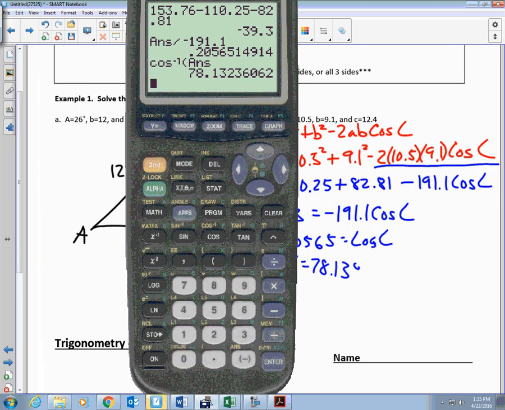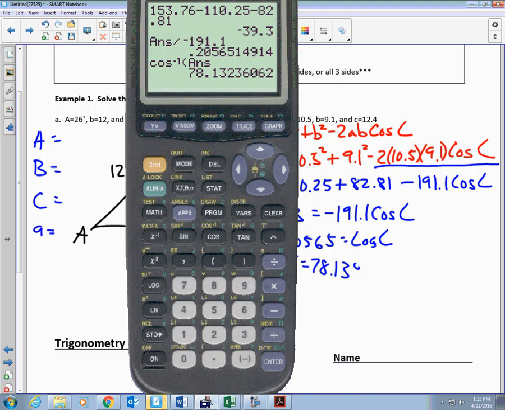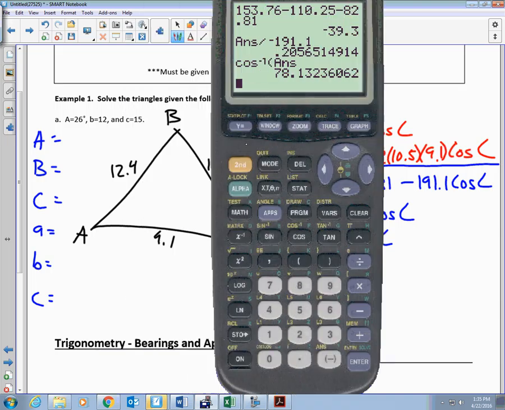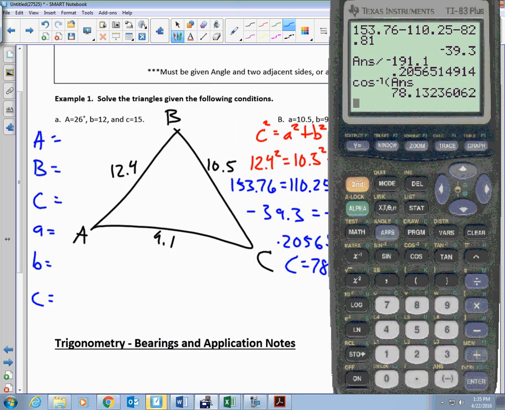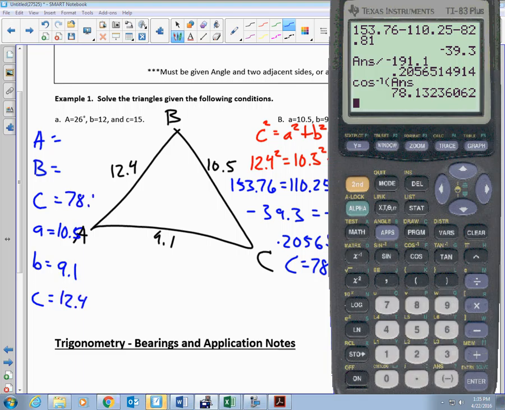So it's time to start making a list. A, B, C, little a, little b, little c. What's side A? 10.5. Side B. Side C. Which angle did we find? 78.13. Super duper.